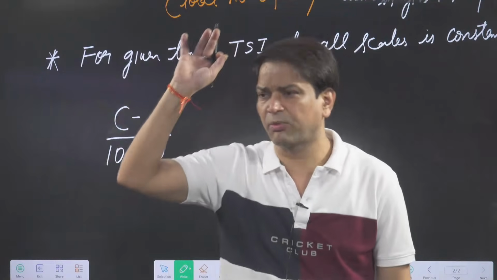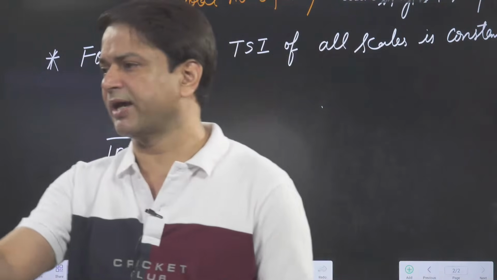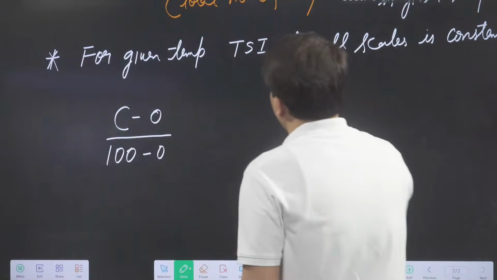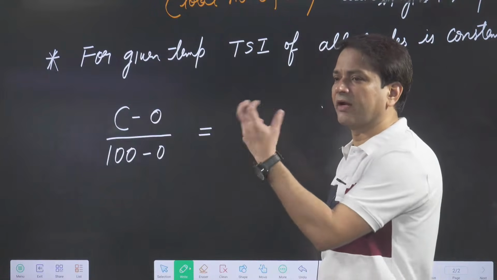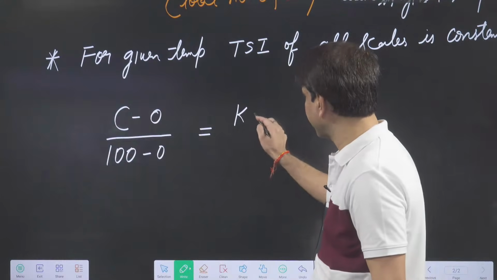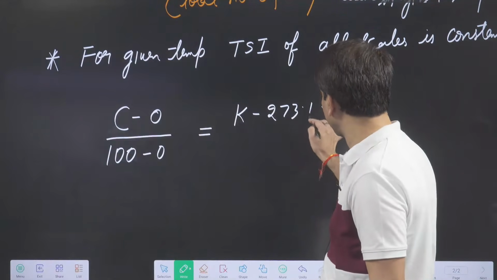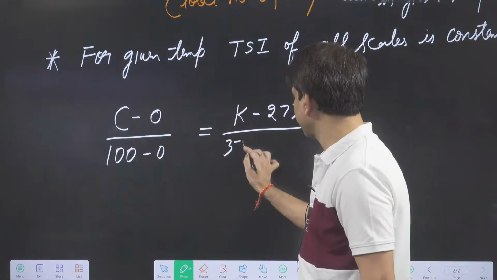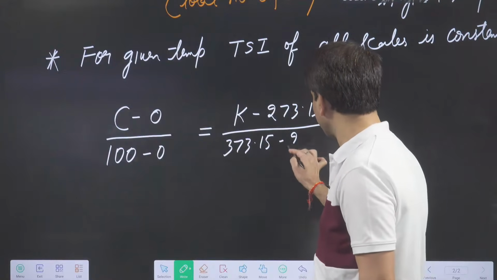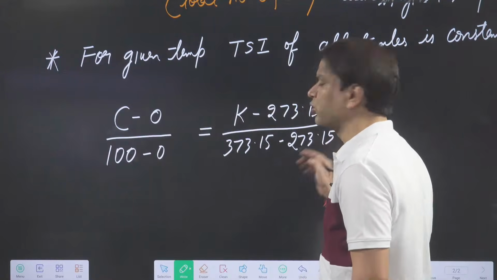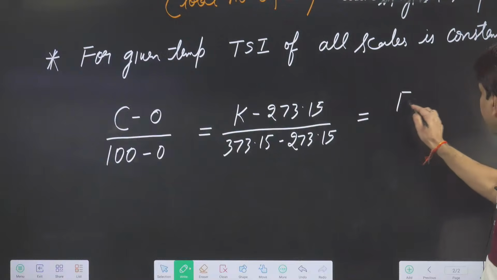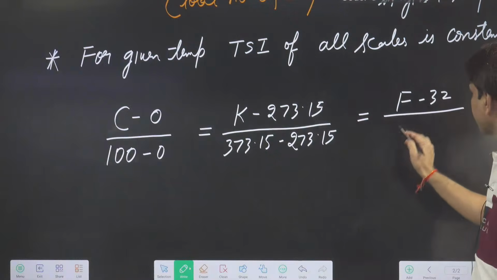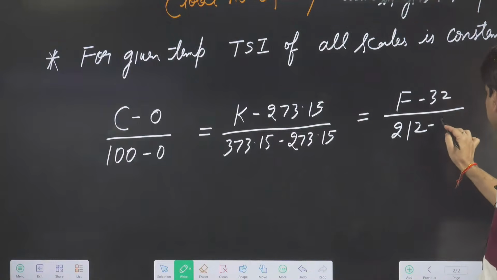Suppose for any body temperature the Celsius scale gives the reading C. Constant means it will be equal to, if the Kelvin scale shows the reading K, K minus 273.15 upon 373.15 minus 273.15, or directly we can take the total number of divisions as 100, which is equal to, if the Fahrenheit scale reading is F, F minus 32 upon 212 minus 32.